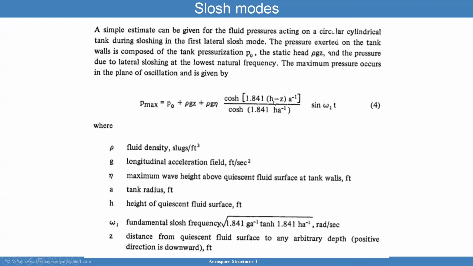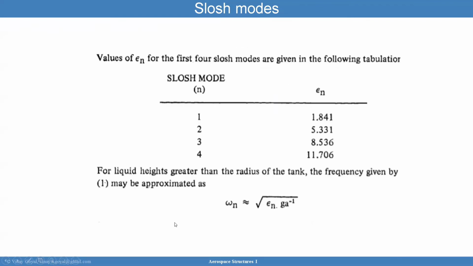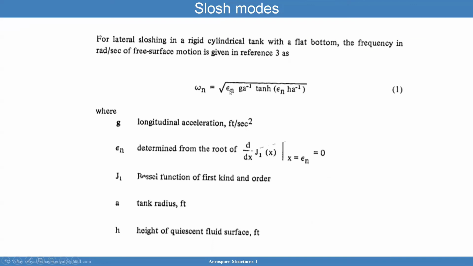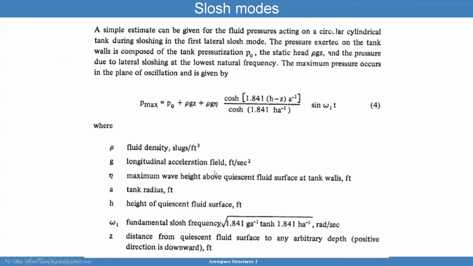Here you have h, the height of the fluid surface, and z is the depth at which you're evaluating. And then a is the radius that you have. Omega 1 here is the fundamental slosh frequency. So we're looking at the first slosh mode, 1.841, substituted here. And so that's why you see the equation being given here. So that comes into play.